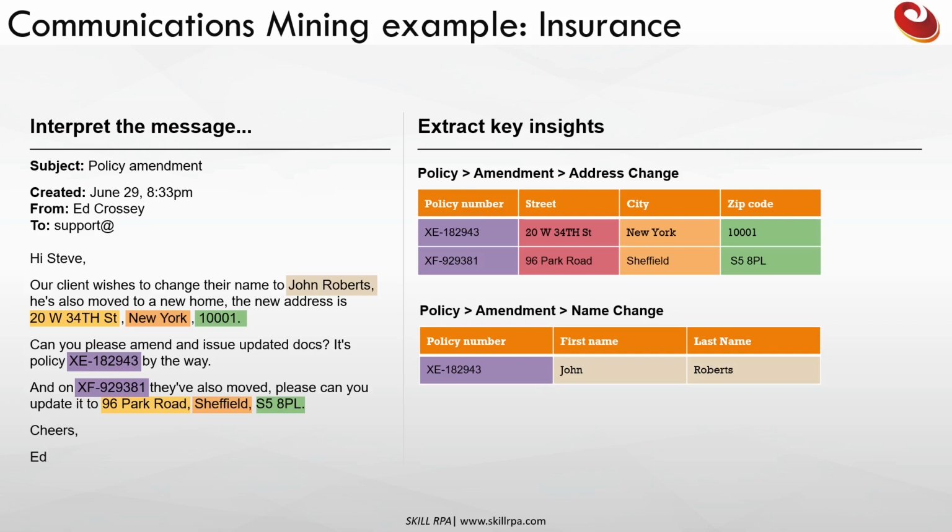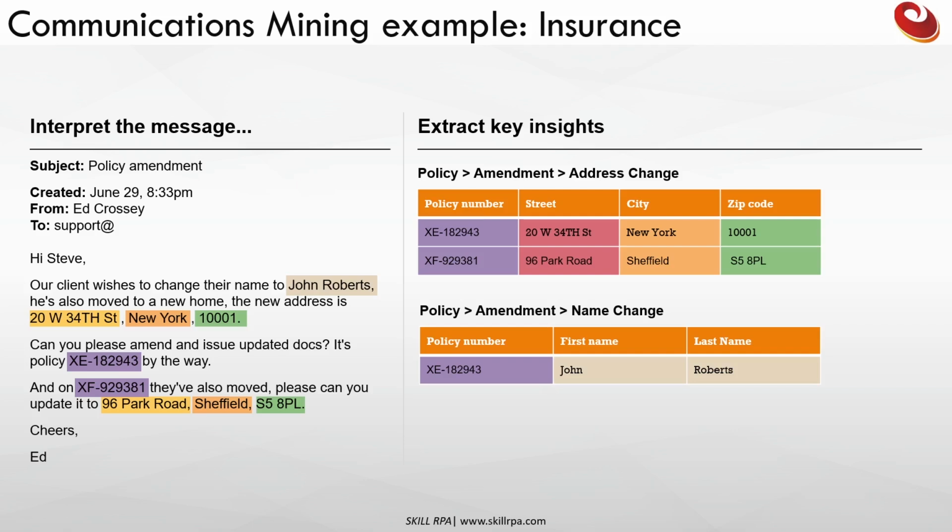If you look at this message, it's a change of address and a change of name, both received from a broker, because there are two different policies, or it can be from a customer as well. One might be a personal policy and the other might be a property, car, or motor policy, whatever they have.